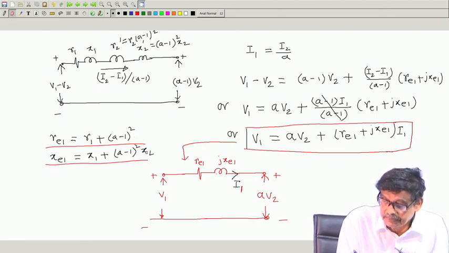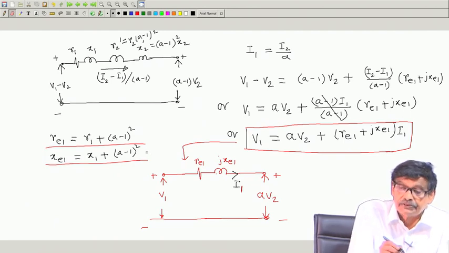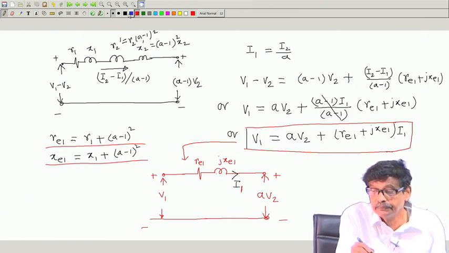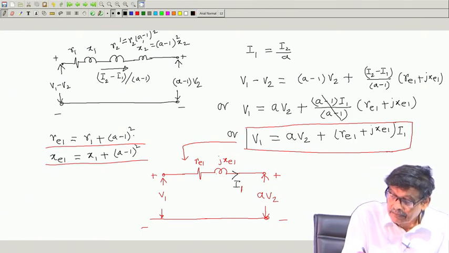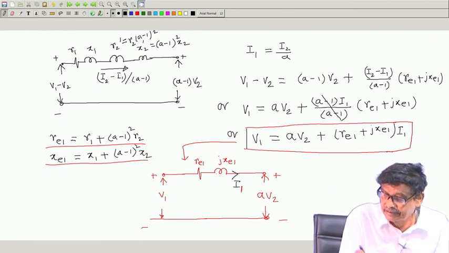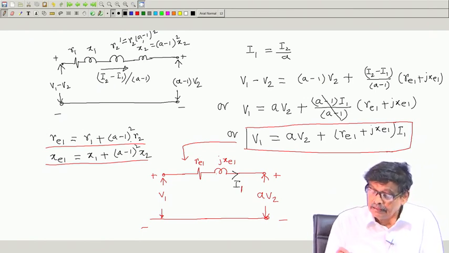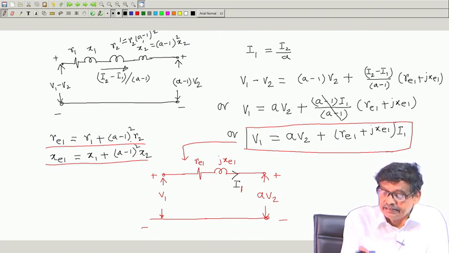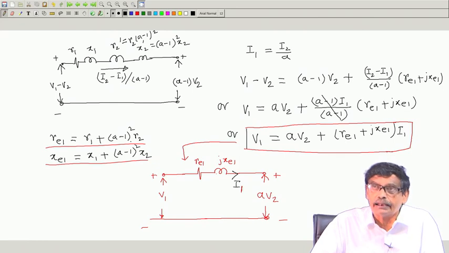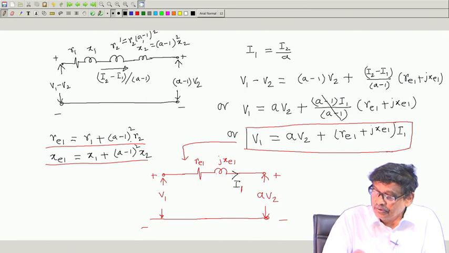This should be R 1 plus R 2, not A minus 1, this is R 2, and similarly X 1 is X 1 plus X 2. Please correct that. Only basic difference is the R 2 and X 2 are to be multiplied by not A square, but A minus 1 whole square. Got the point? So, this is the thing.